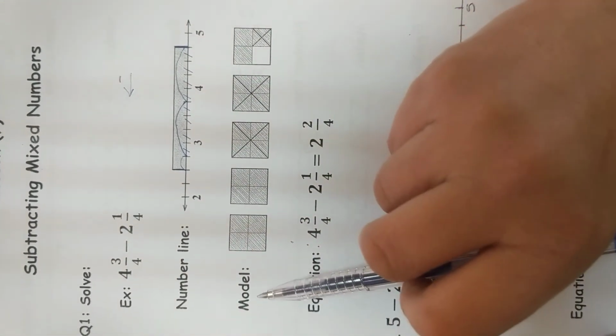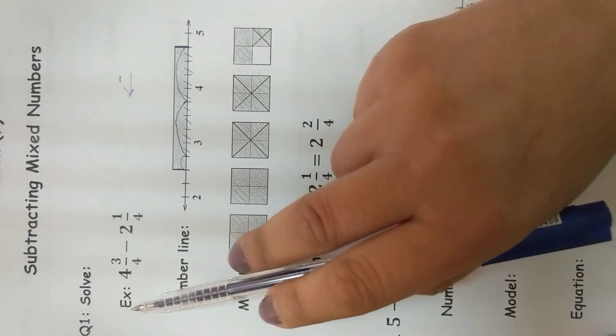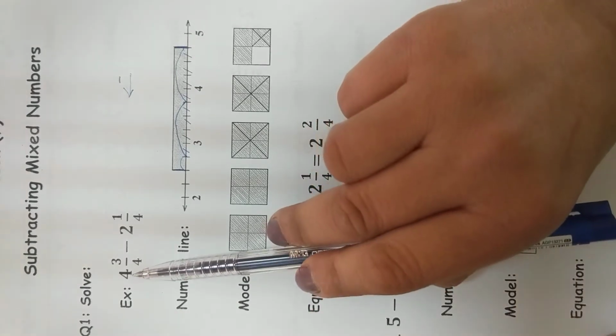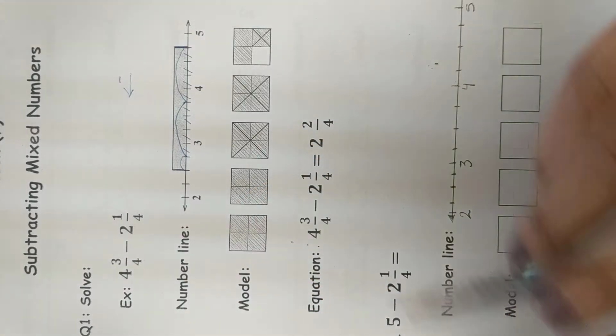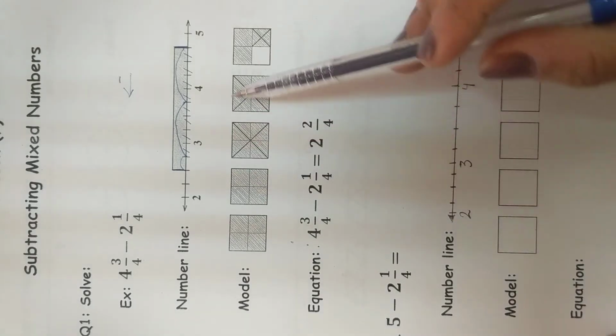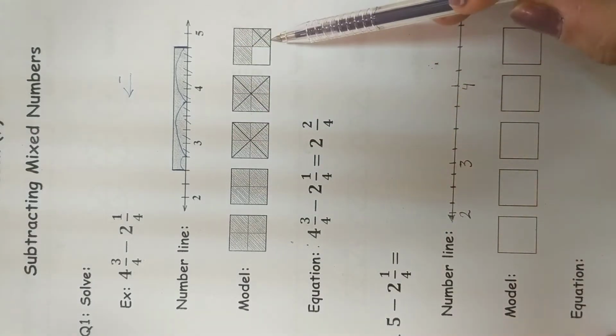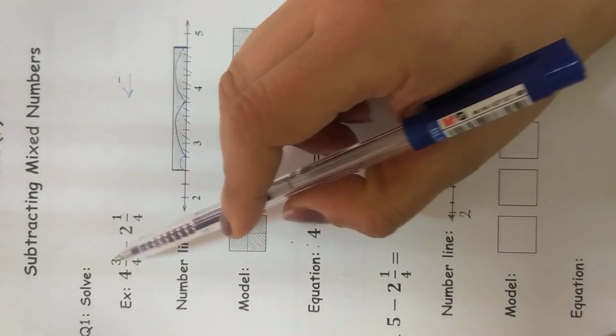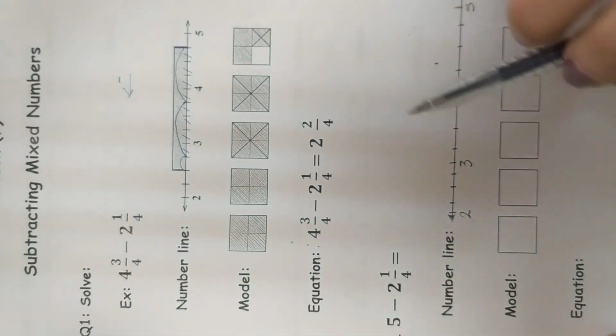Okay, I now want to represent my example on the model. I have 4 wholes and 3 over 4, so I will shade 1, 2, 3, 4 and 3 parts from the next whole. Only 3 parts out of the 4 parts.